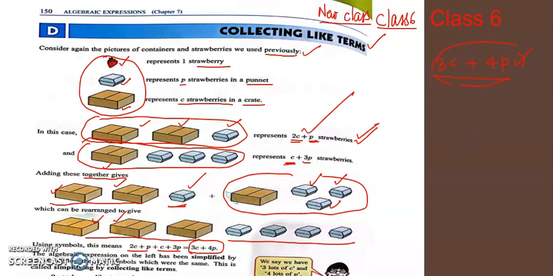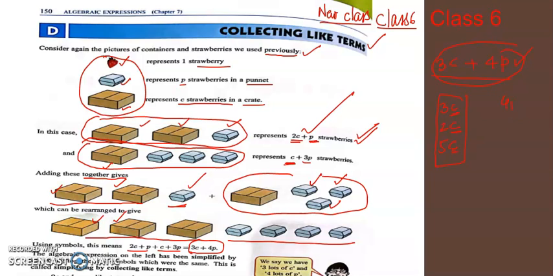Now I must tell you one thing. While adding, we have to add the like terms. I will explain. 3C, 2C, 5C, these are like terms because every term has the same letter.